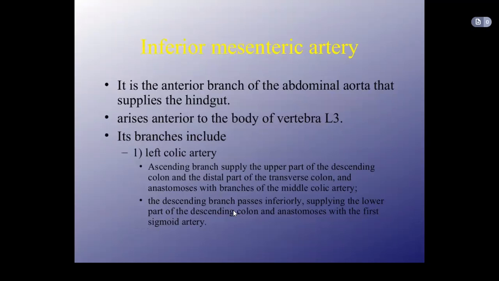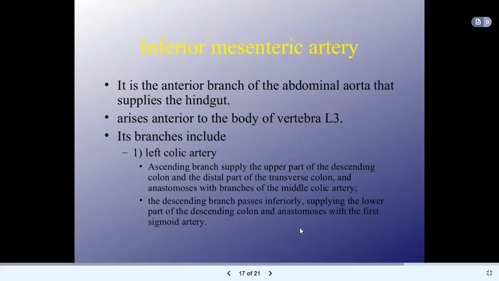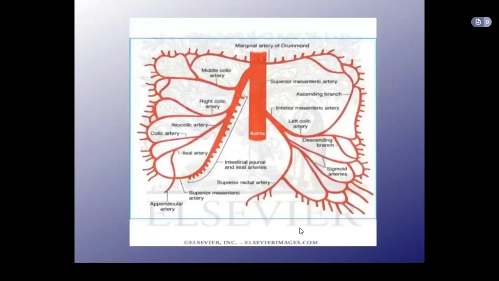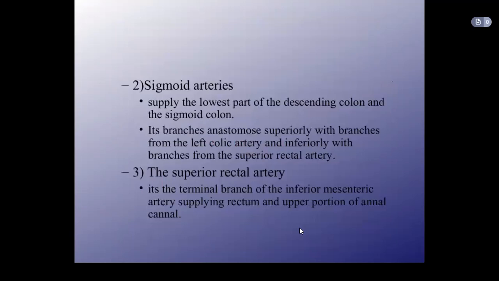The ascending branch supplies the distal part of the transverse colon and the descending colon, while the descending branch supplies the lower part of the descending colon and then anastomoses with the sigmoid artery. The sigmoid arteries supply the sigmoid colon, and then the superior rectal artery supplies the rectum and the anal canal.